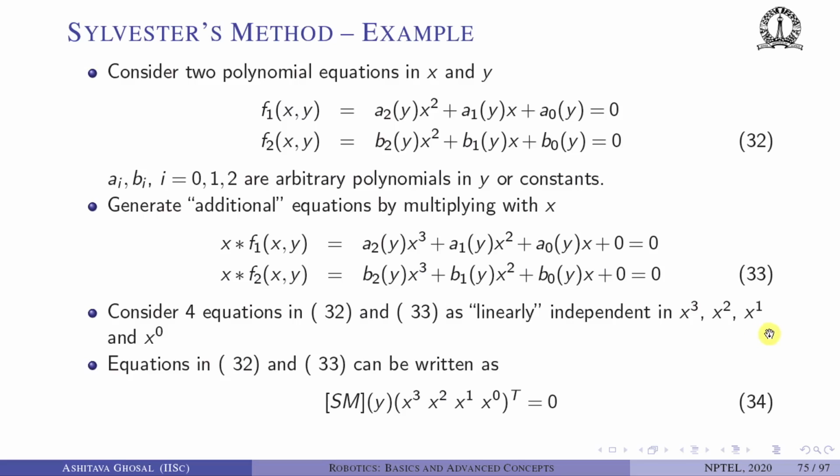Once you consider these as linearly independent variables, these 4 equations can be written as a matrix equation, Sm of y multiplied by the column vector of x cube, x square, x to the power 1 and x to the power 0, equal to 0. I will show you what Sm is next. Basically you will see that we will have a2, a1, a0 and 0 in the first row, 0, a2, a1, a0 in the second row, and so on.